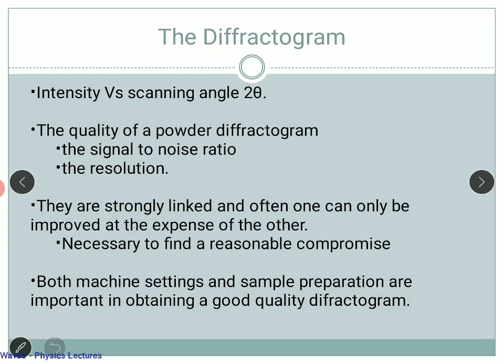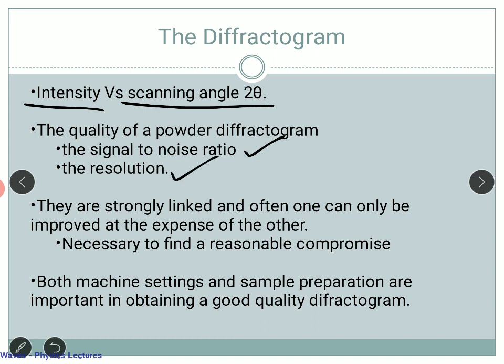Now, if you look into the diffractogram, we have a graph which is the output. It is between intensity and the scanning angle 2 theta, which I have already mentioned a number of times. The quality of the powder diffractometer will depend on the signal to scan noise ratio and of course the resolution.